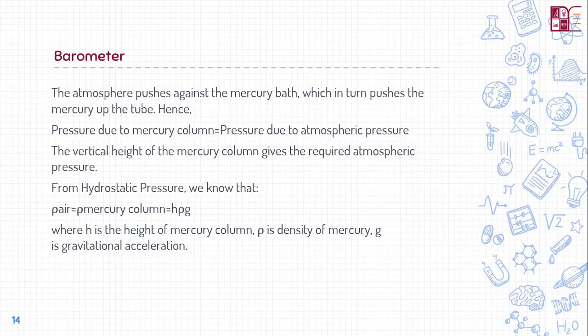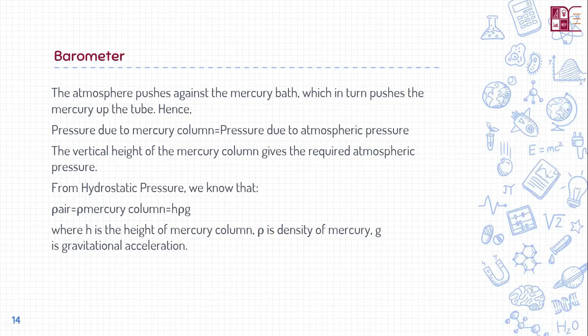let's say we were to find out the length of the mercury column at 1 atmosphere. At 1 atmosphere, as we've gone through, it's 1.013 × 10^5 pascals of atmospheric pressure, and the density of mercury is 13.6 × 10^3.